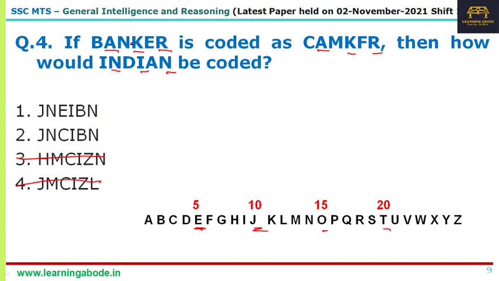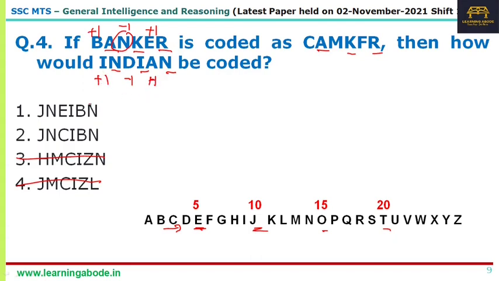But for this particular question, it is not exactly required. As far as B, coding is +1, the next letter. Then as far as N is concerned, the previous letter M, so N minus 1, and E +1, F, right? So what happens here? I +1, D -1 and A +1.